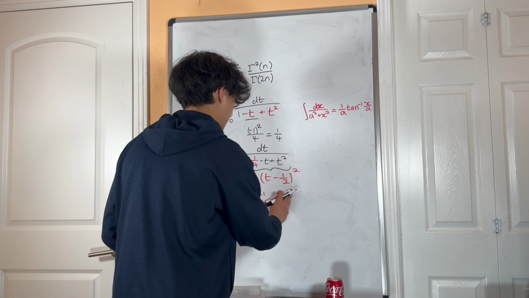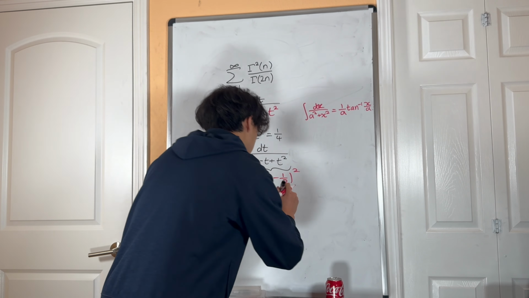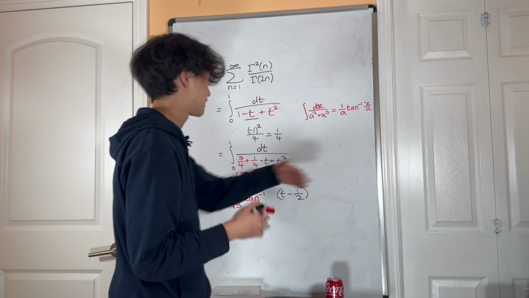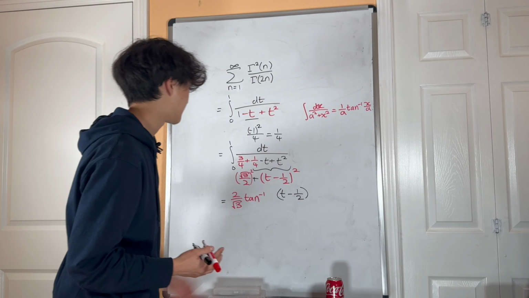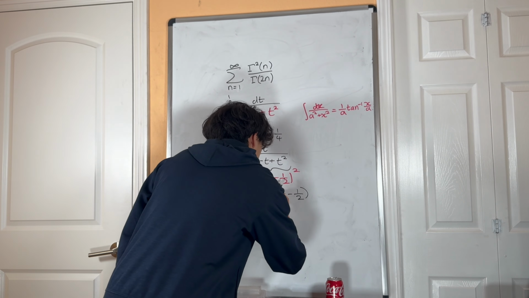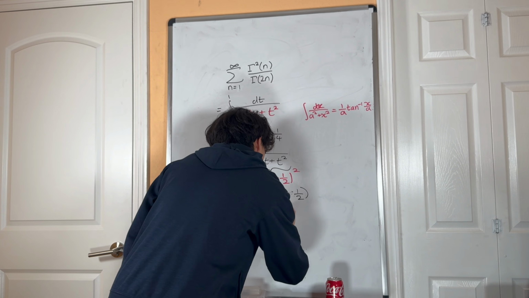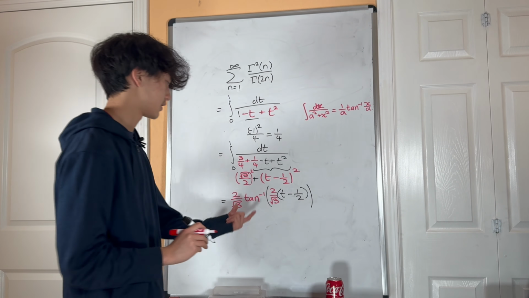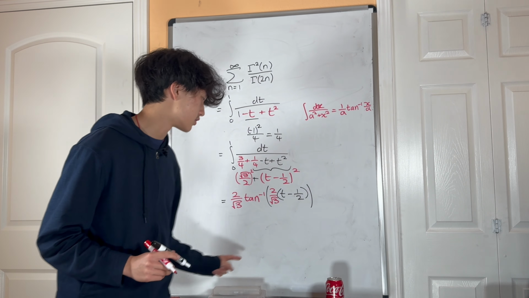Sorry, this isn't x. This is t minus 1/2. And then, like I was saying, we multiply by the reciprocal of a, which is just 2 over root 3. I'm going to keep this in parentheses because this is all inside of the inverse tangent.